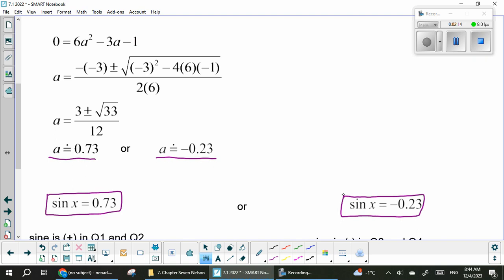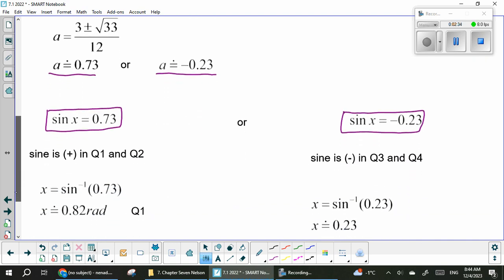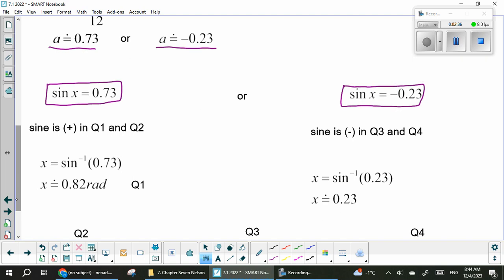Now in this case, we get a positive 0.73 and negative 0.23. And just like in the past, you have to identify which quadrants these values are in, and then based on that, you're going to generate some ratios, or actually some angles. So in this case, I'm just going to scroll down a little more.